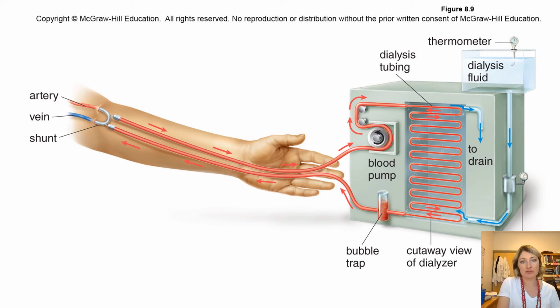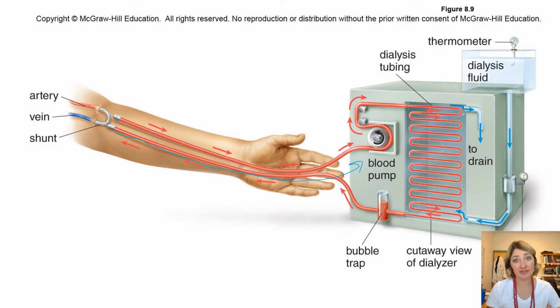So what essentially happens is you have an individual's blood flowing through this machine, and within this machine you have a cellophane membrane inside, and it is suspended in an isotonic solution that has sodium chloride, potassium chloride, sodium bicarbonate, as well as glucose in there. And it's able to filter the urea and the waste products out of the blood through the semi-permeable membrane because the kidneys are no longer able to do that.